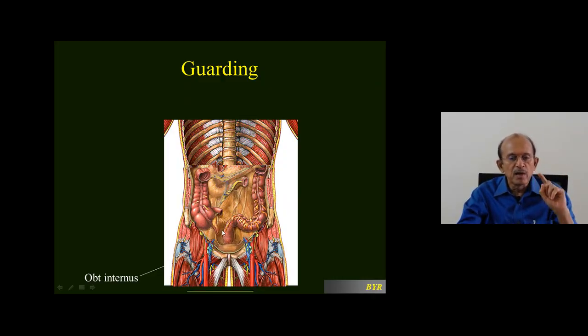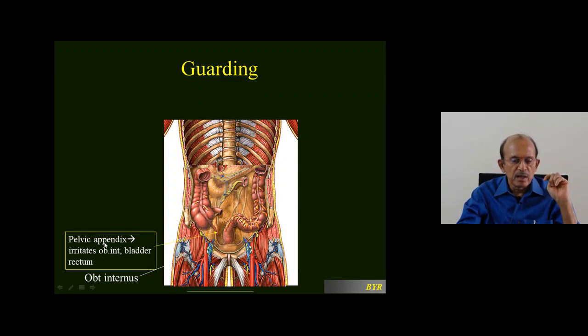So depending upon the position of the appendix, if the appendicular exudate irritates the anterior abdominal wall in the right iliac fossa, patients will have guarding of the right lower abdomen. If the appendix is in pelvic position like this, then it will irritate the obturator internus muscle that is situated here, and that patient will have obturator internus spasm. If the appendix is in retrocecal position, then it will irritate the psoas major muscle.